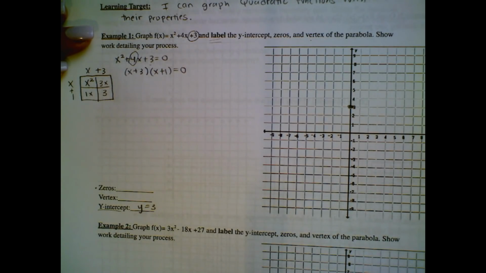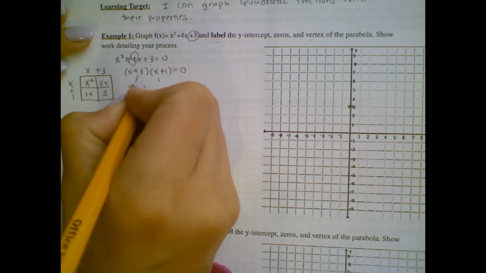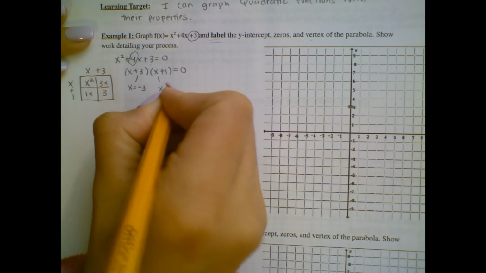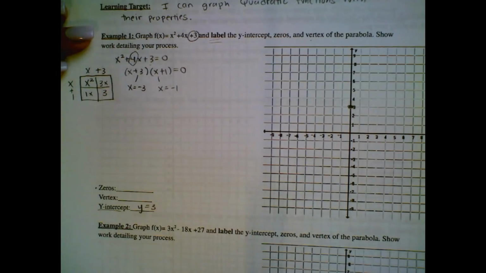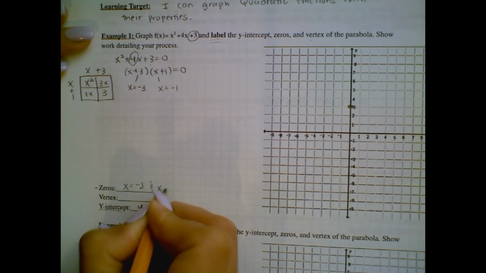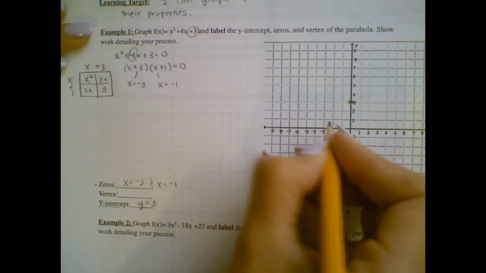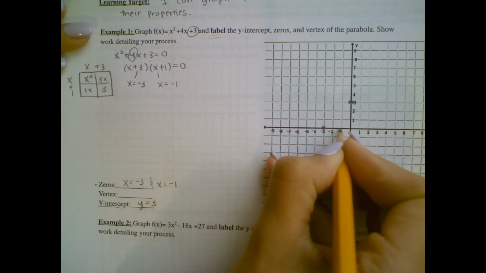According to the zero product property, I can solve. So my two zeros are at x equals negative 3 and x equals negative 1. Let's add that to my graph: negative 3 and negative 1.